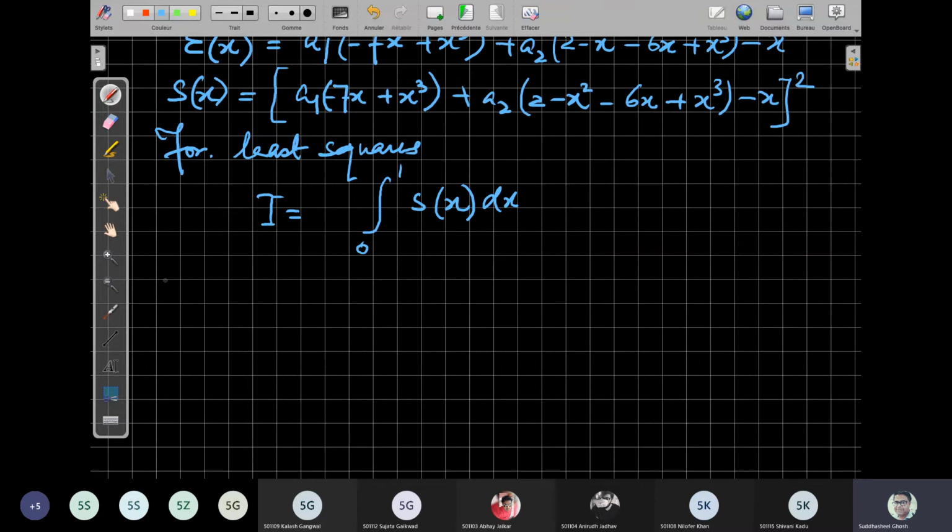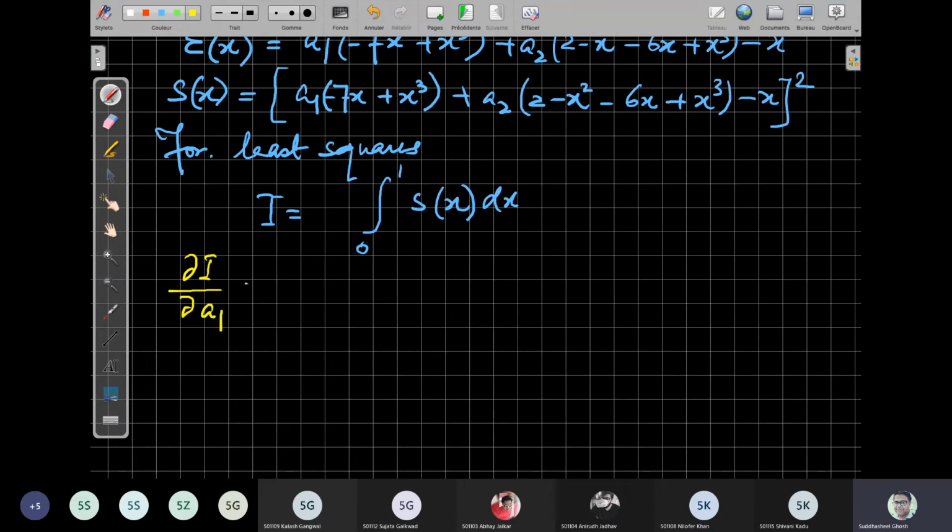अब ध्यान से देखना, मुझे दोनों का पार्शियल डेरिवेटिव करना है. I want the partial derivative of I with respect to a1. So partial derivative of I with respect to a1. Okay.